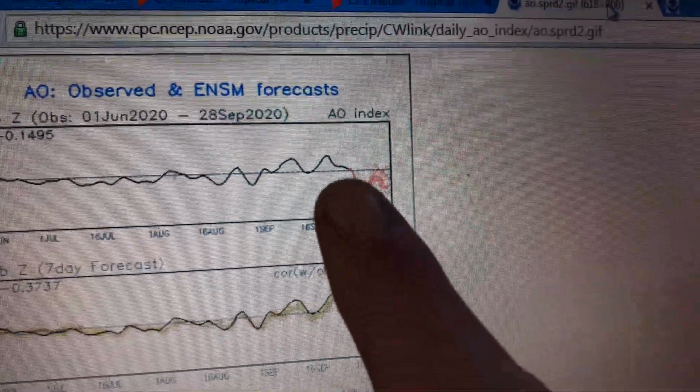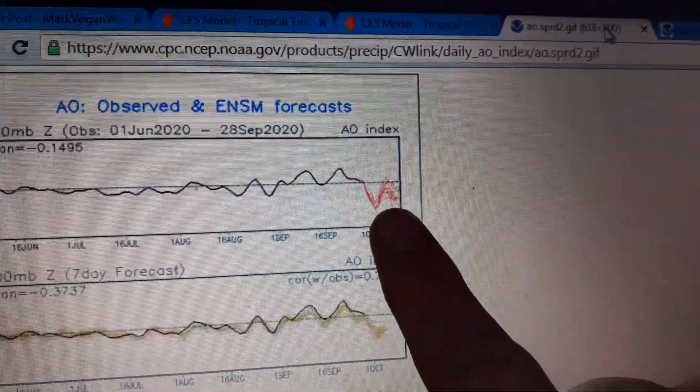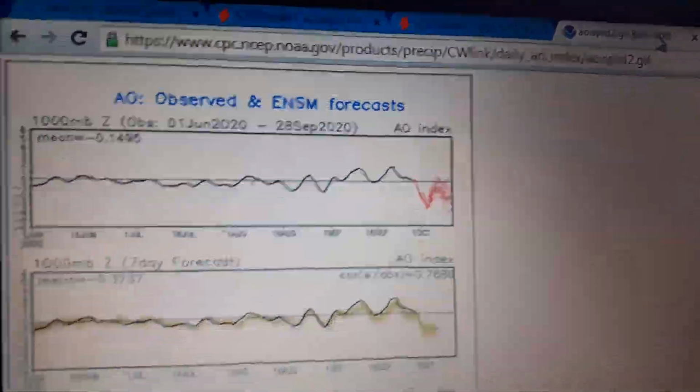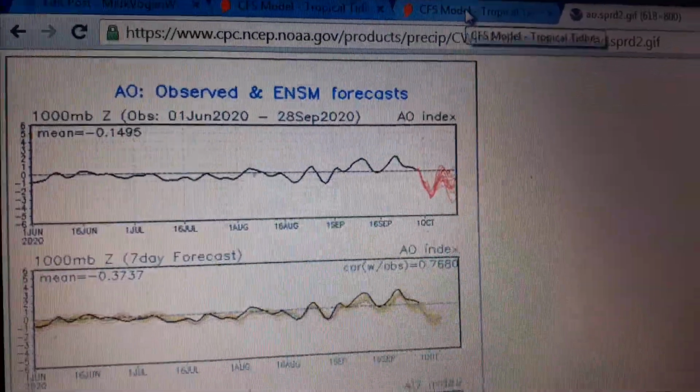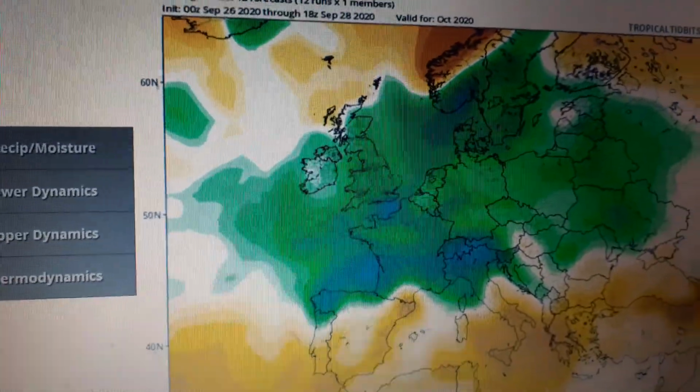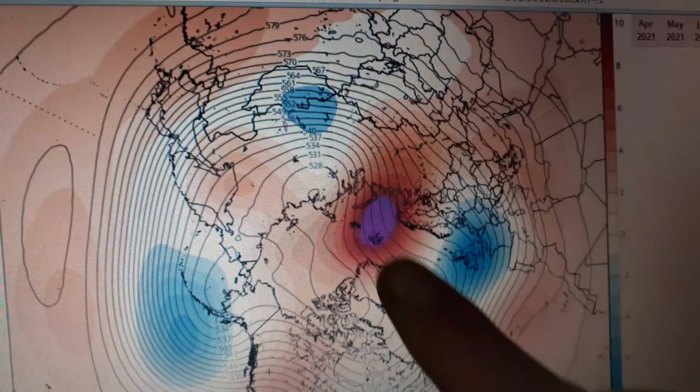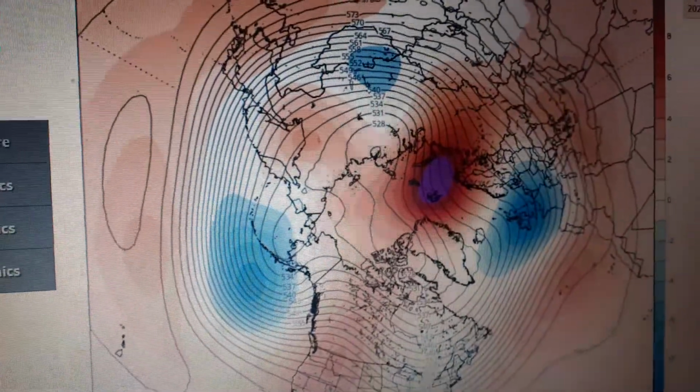And certainly this is very exciting indeed, if you like winter. And that would correlate to the CFSV2, which has, of course, the strong blocking here over the Eastern Arctic region.